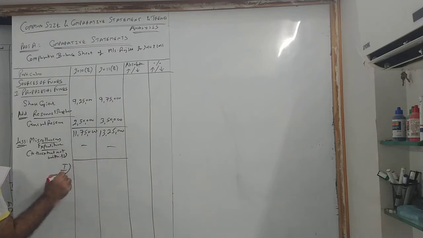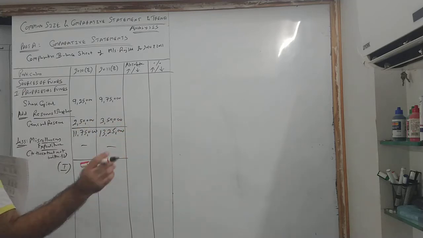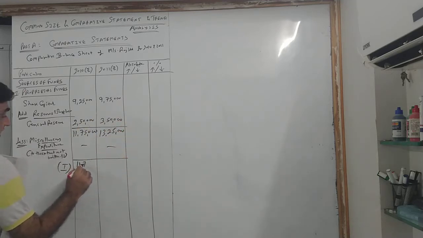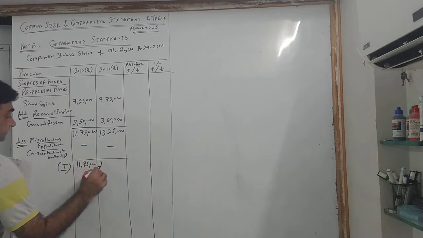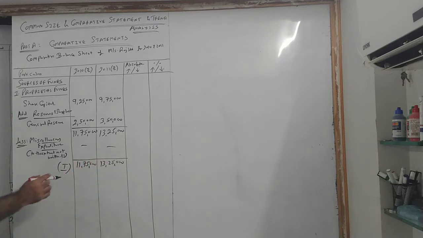So I get the difference, this difference which is not there. There are no fictitious assets in this. Next sum it is coming. So 1175 and 1325. This becomes 1. That is my proprietors funds.